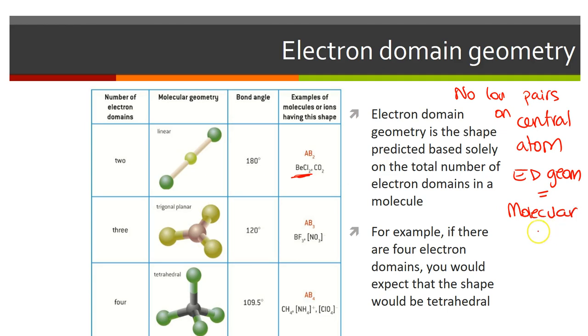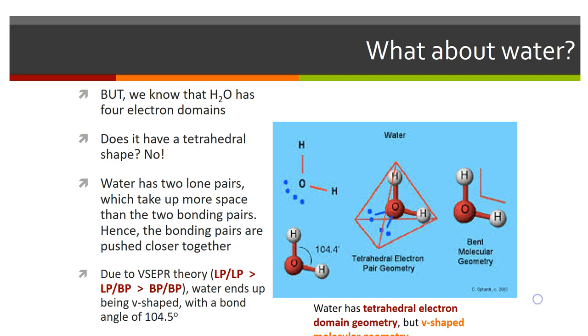They will be the same. Okay, so if it has 3 electron domains, it will be trigonal planar, and we will find that that will also be the case for its molecular geometry. So no lone pairs on the central atom, molecular geometry and electron domain geometry are the same.